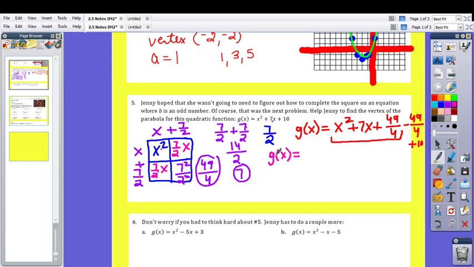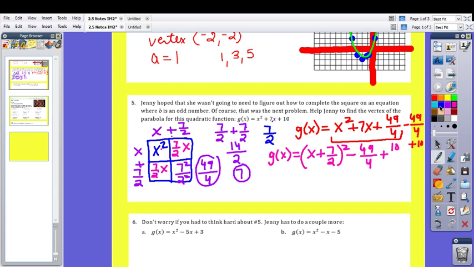For this whole thing, I will write this times this, which is (x plus 7 over 2) squared. Now what is left is this take away 49 over 4, and then I have 10.